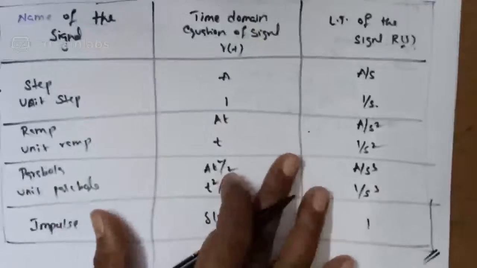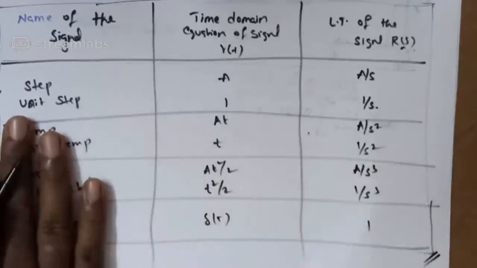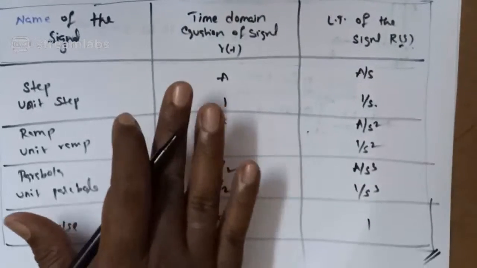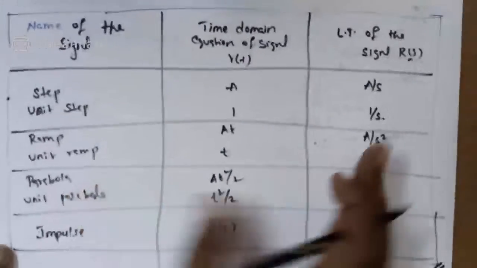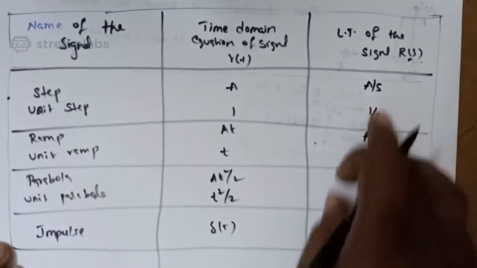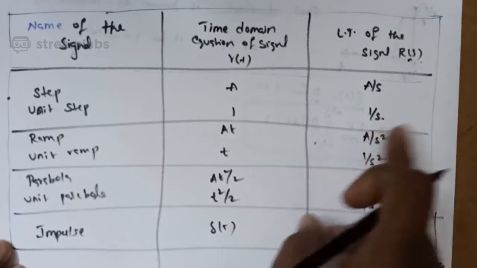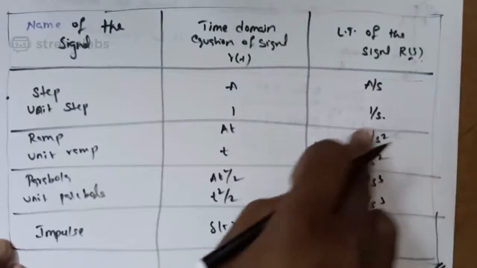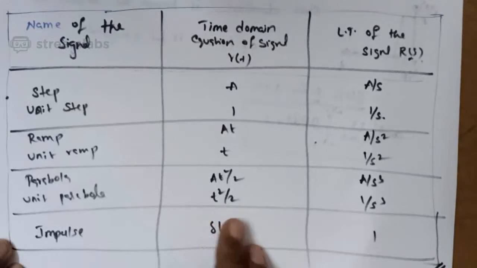So by knowing all these things, using these input signals, time domain responses, and Laplace transforms of the signal, these are all the inputs. See here, the Laplace transform R of s, we are going to convert this R of s into the time domain, C of t.